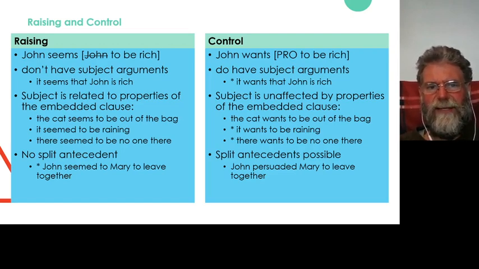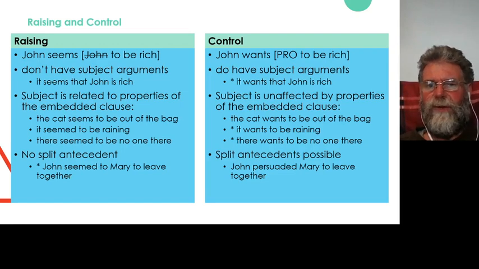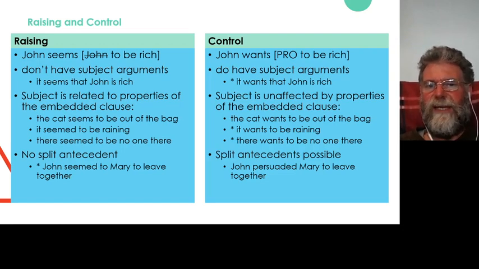John persuaded Mary to leave together is okay. How come that's okay, whereas it isn't with seem? Well, with control, we've said that the subject is neither John nor Mary in this case, but is in fact an unpronounced pronoun subject.